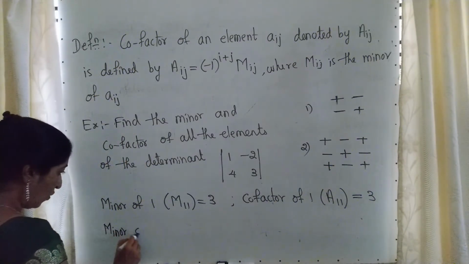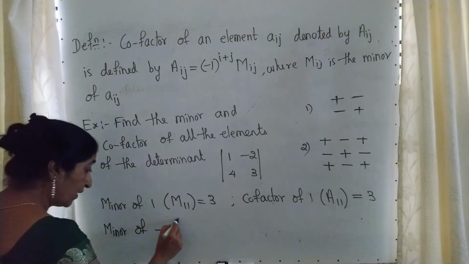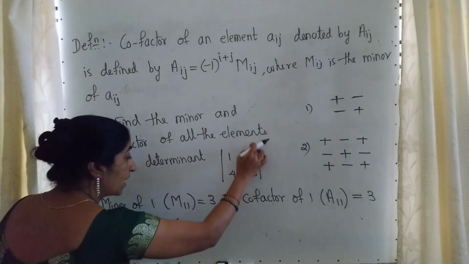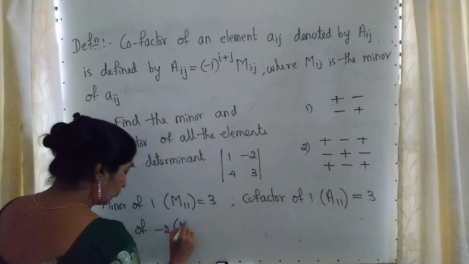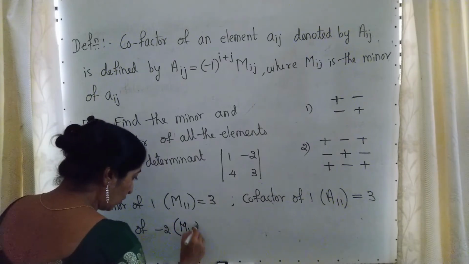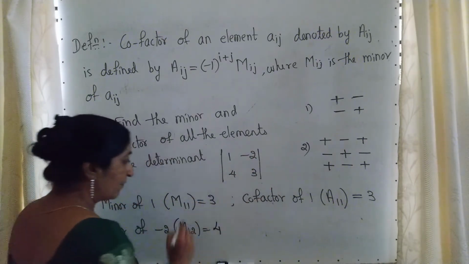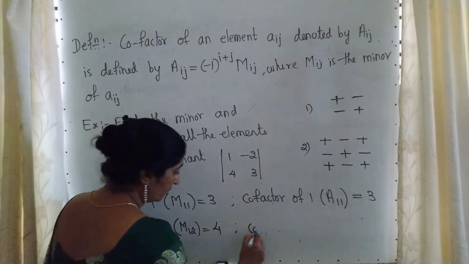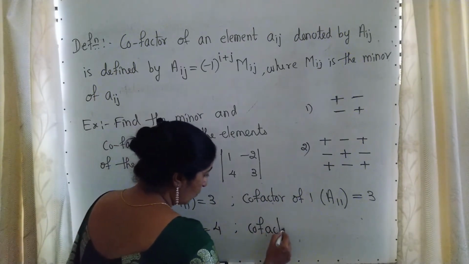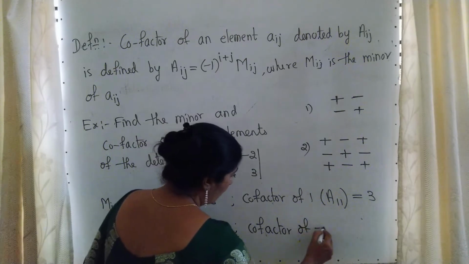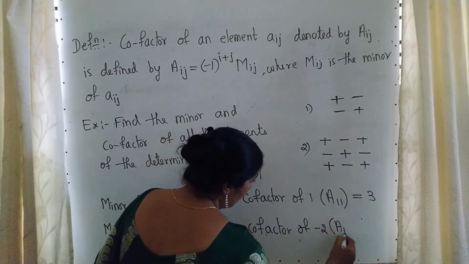Minor of -2. Where does it lie? It lies in first row, second column. Write the remaining element, which is 4. Next, cofactor of -2, that is A12.